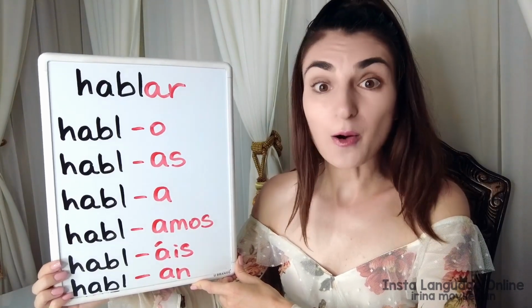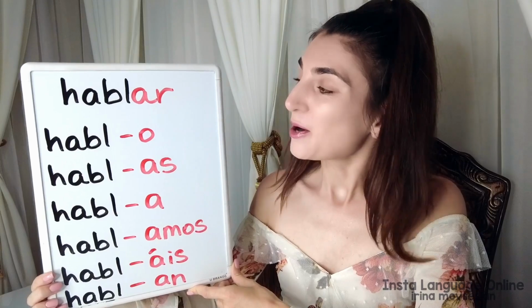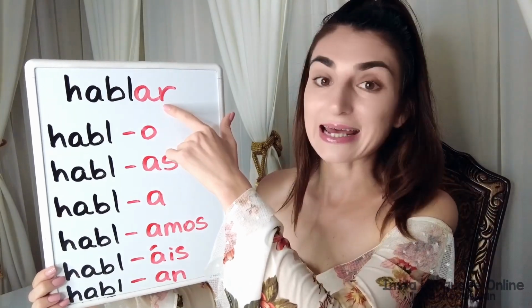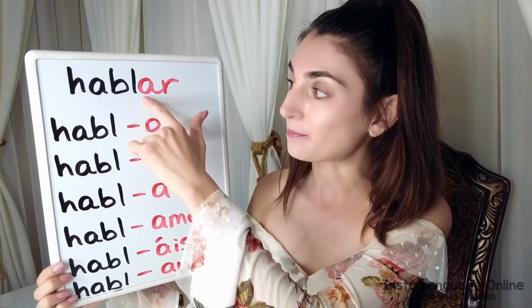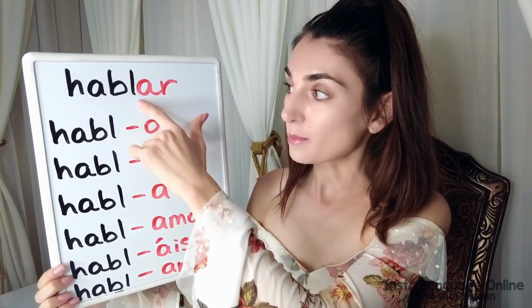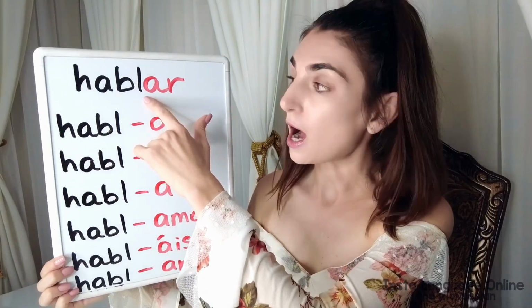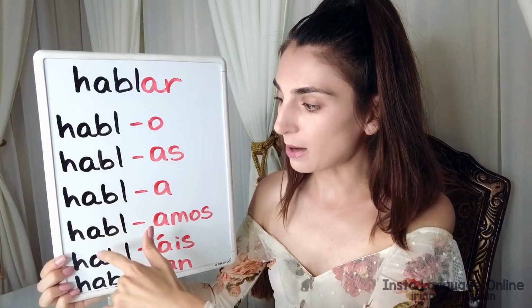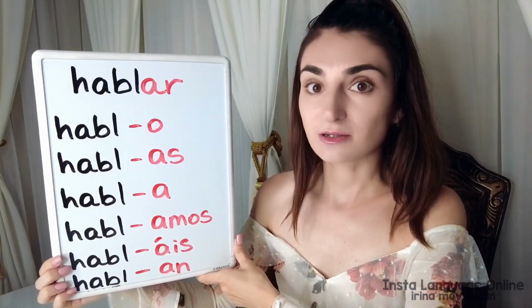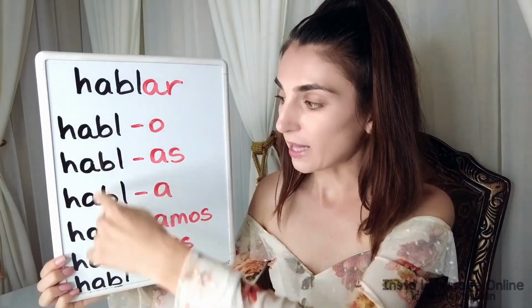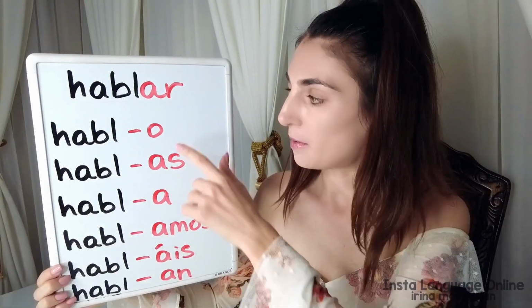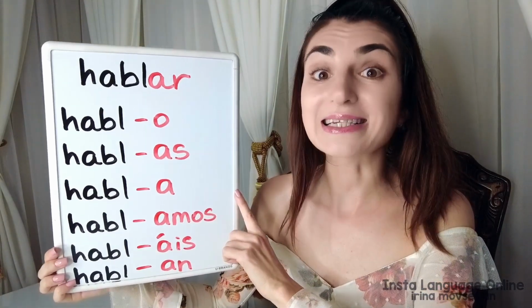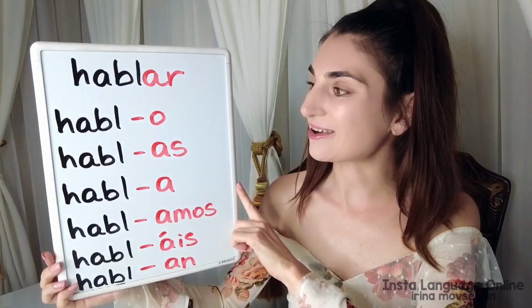Okay, so how are we going to do it? We are going to eliminate the ending and find a stem. A stem of this word is habl. So you see habl, habl, habl. Each form will have the same stem, but the ending will be different. Okay, let's get started.